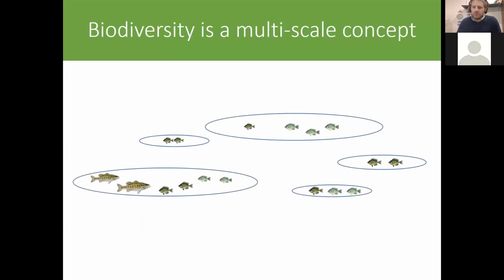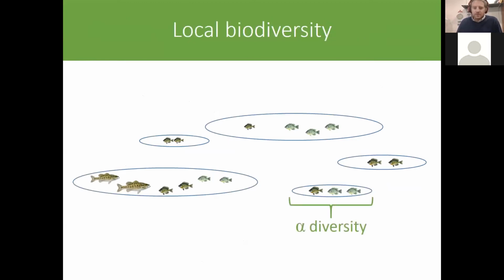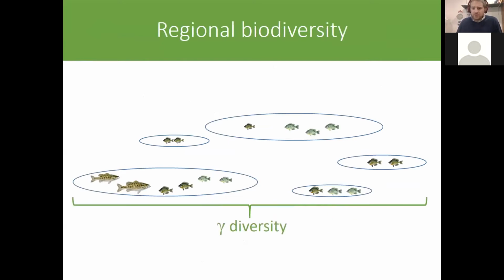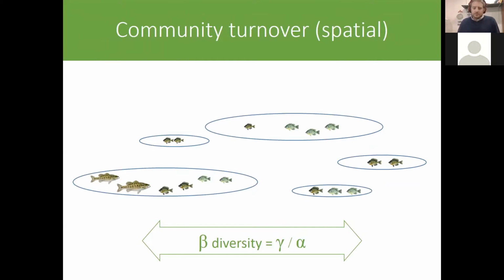So thinking about ponds, since they're nice discrete units in the landscape, we can measure alpha diversity in each observational unit. Gamma diversity is a way of estimating our regional species pool. And beta diversity is some measure of variation in community composition and turnover through space.